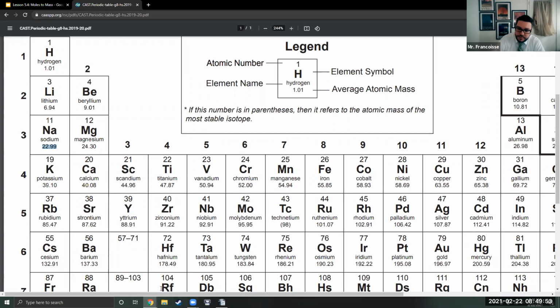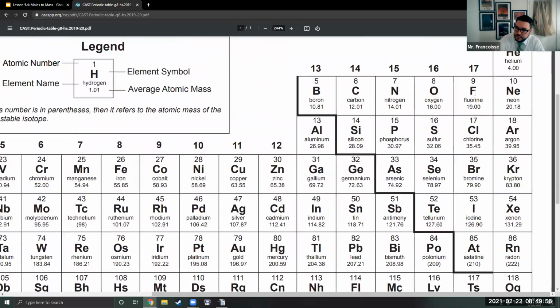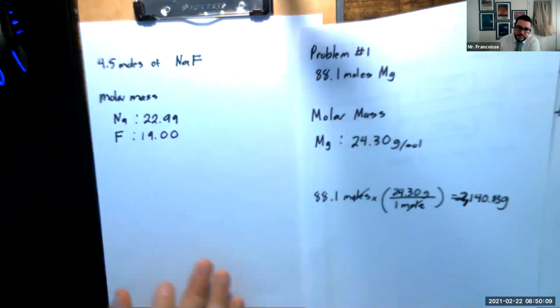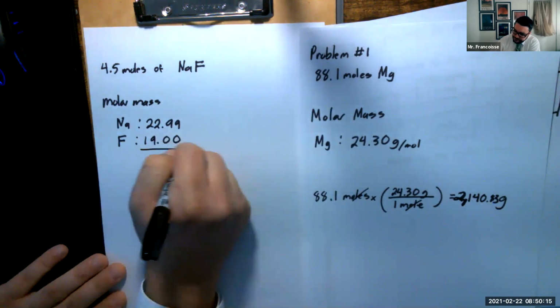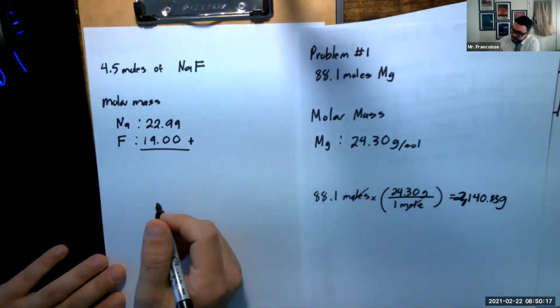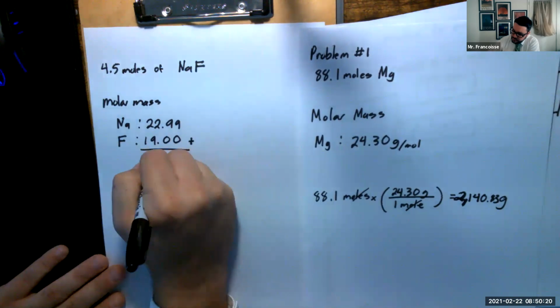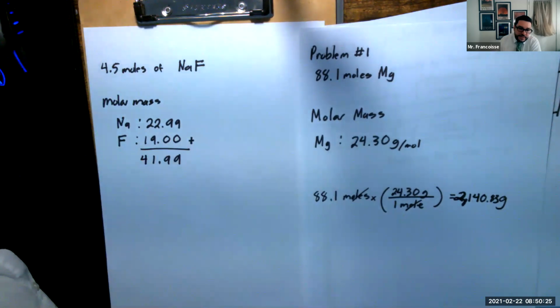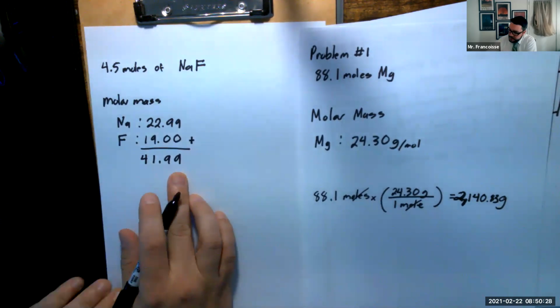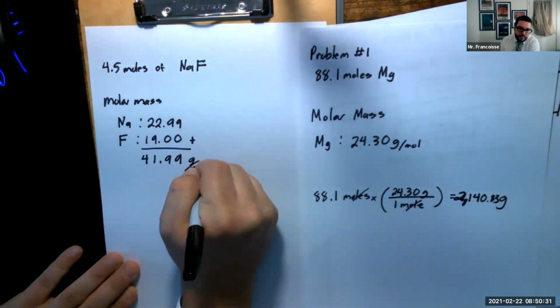And fluorine is 19. So you have 1 sodium, 1 fluorine. So we can multiply these by 1, or we can just add them together. So when we add these two together, we should get 41.99 grams per mole. And that would be our molar mass.